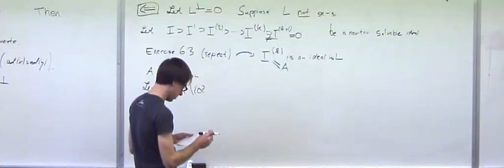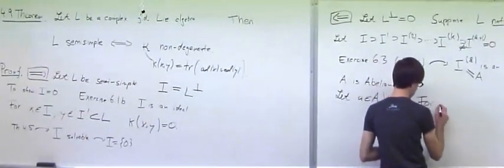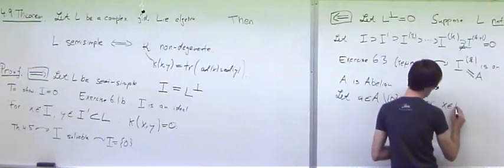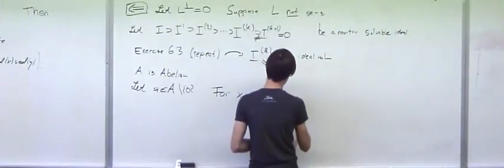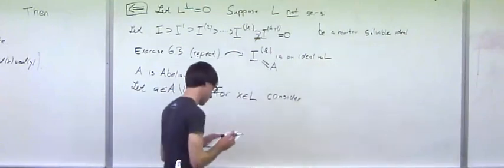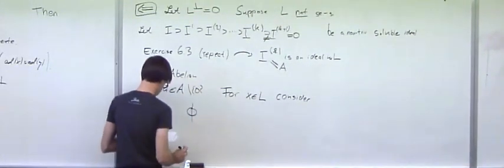And now there's the tricky part. For any element X of the Lie algebra, consider the following map phi.